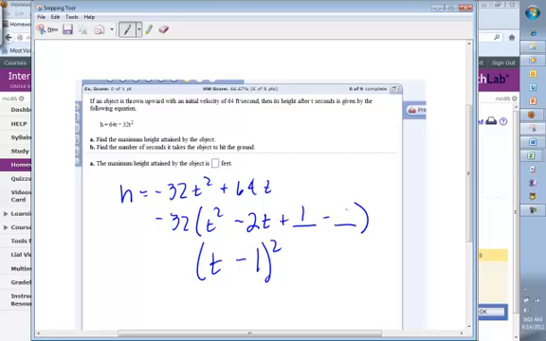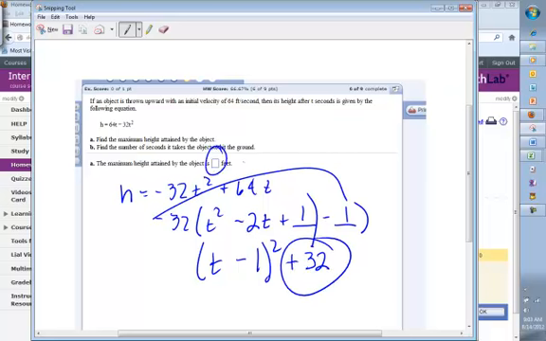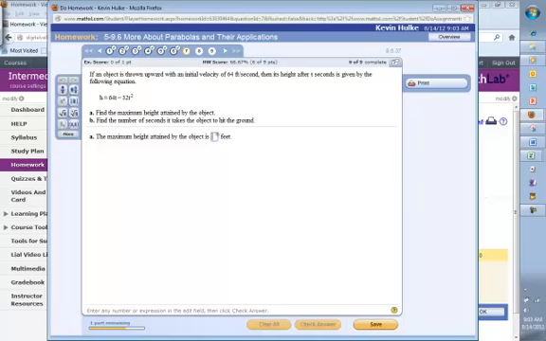Put the 1 here and here, but then when we put this in parentheses, that becomes plus 32. This is the maximum height, and it will happen at this time, 1 second. 32 feet at 1 second. Oh, the number of seconds it takes to hit the ground is 2 seconds, because it's going to go up for 1 second and back down for 2 seconds. I didn't read the question.